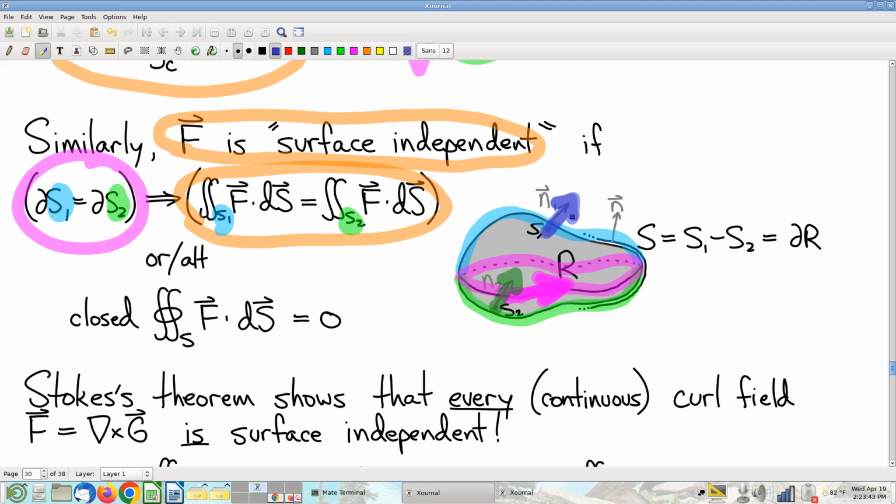These two orientations, N1 and N2, are on different surfaces. There are only two orientation options on a given single surface. These are different surfaces. There is no comparison between them. So don't make the mistake of viewing these as either being the same or as being opposite.